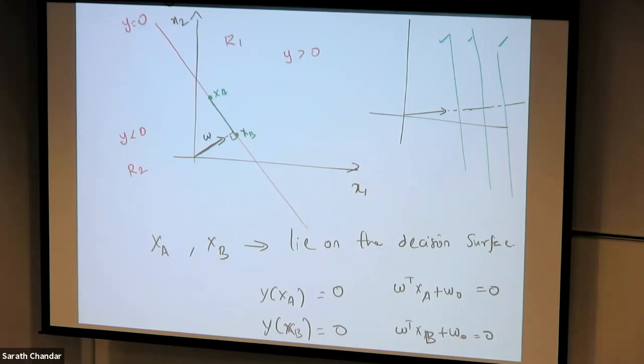What do you think will determine the location? W0, right? Because there are only two elements here, W and W0. W tells you the direction, and W0, just like a thresholding function, tells you the distance. Let me again prove that.